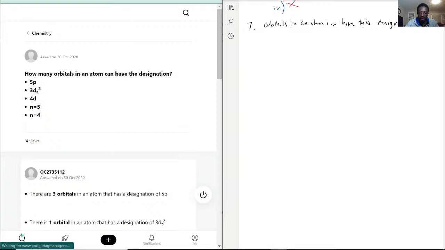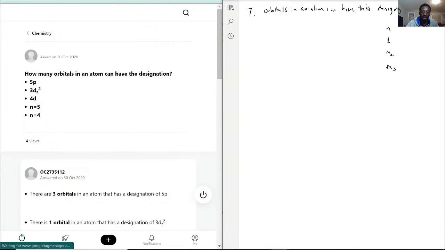The quantum numbers, where we have the N, L, ML, and MS. Those would be like your orbital notation number, like your VSEPR theory. I'm just blanking on the actual name of it.